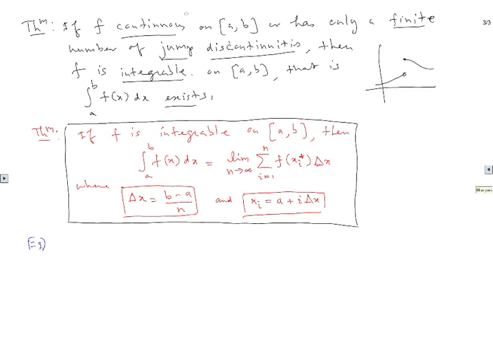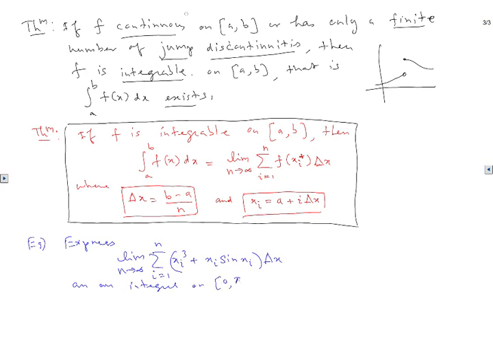Let's look at an example. Express the limit as n goes to infinity of the sum, i going from 1 to n, of (xi cubed plus xi sine xi) delta x as an integral on 0 to pi.